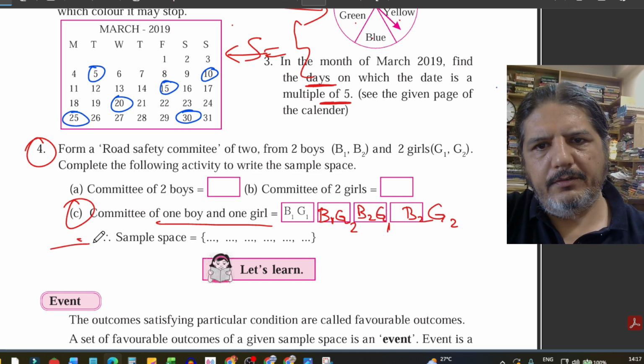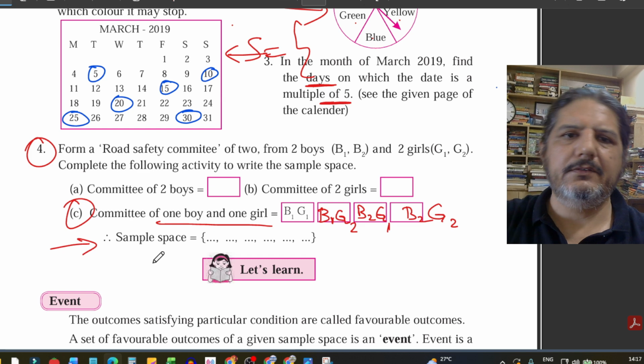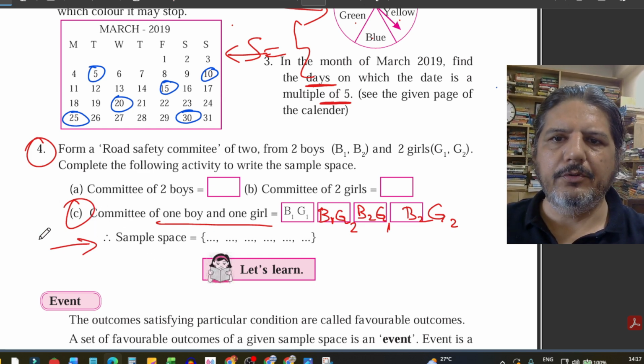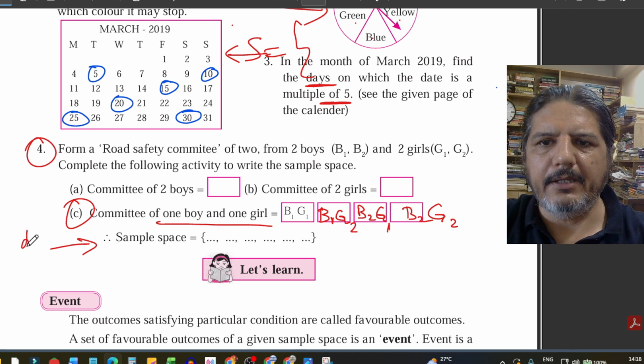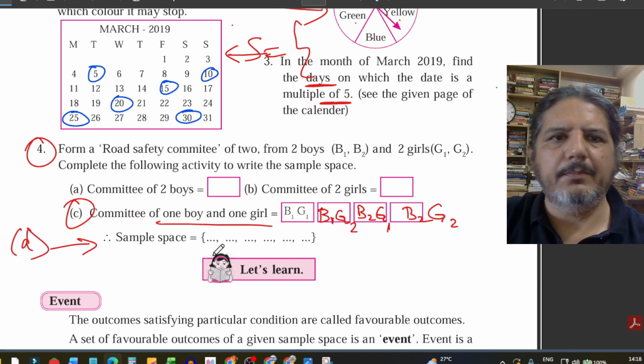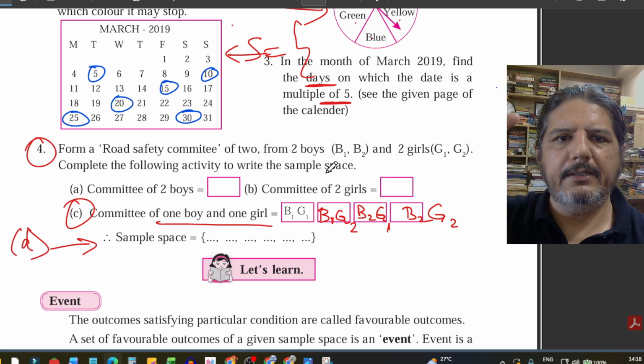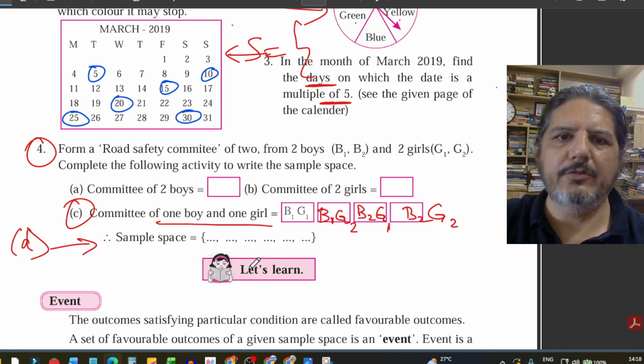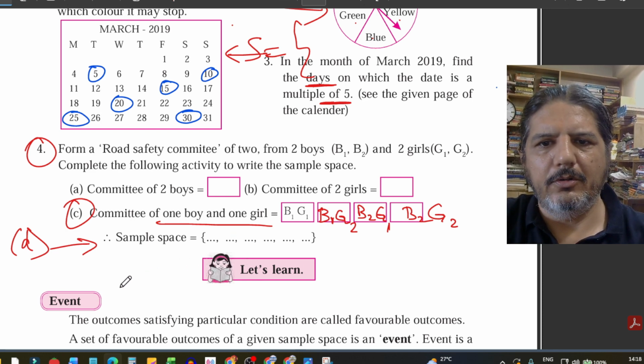Now here when he is asking the sample space, basically what he is saying is now there is no restriction. Actually it's a bit confusing, so it should be like maybe part D. So sample space, you want to form a committee of 2 children. Now you can form a committee of boys only, girls only, and a combination of it. Then you will include all.